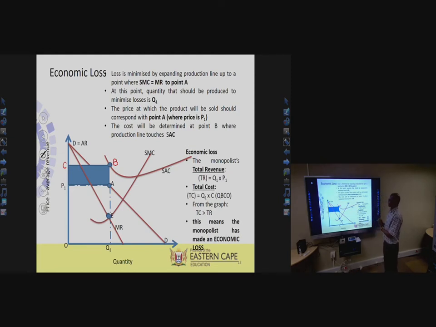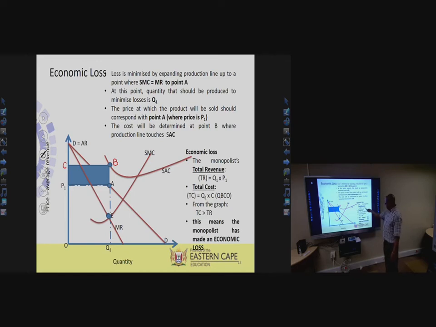Then we have to extend this line until it reaches AC. Then it reaches AC at point B. And then we get the corresponding cost at point C, which then falls above P. And therefore it means that now the costs are more than the price.